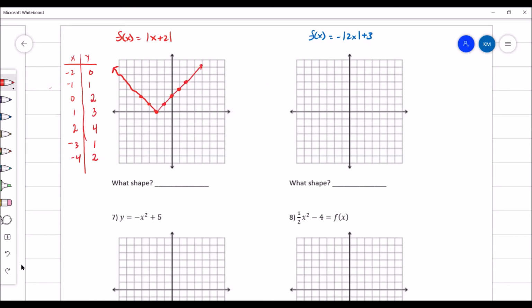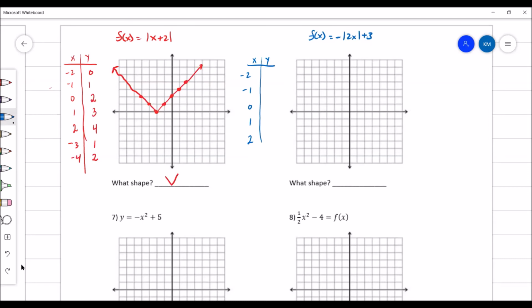Okay, what shape is this? It's V-shaped. Now for this next function, plug in our values. Again, there's nothing stopping us from using the values that we typically use: -2, -1, 0, 1, 2. Plugging in those values, notice that there is a negative out here.